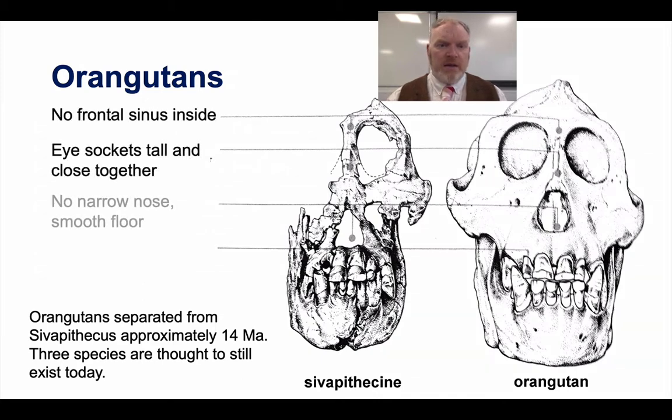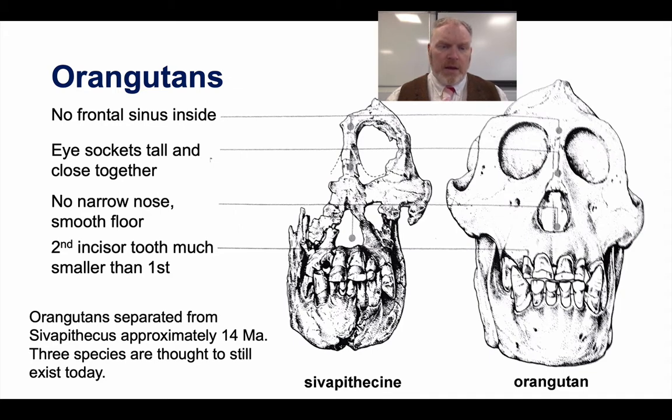The frontal sinus, the position of the eye sockets, the very broad nose, and the teeth being really quite similar. So we can see that there's a clear relationship between these.